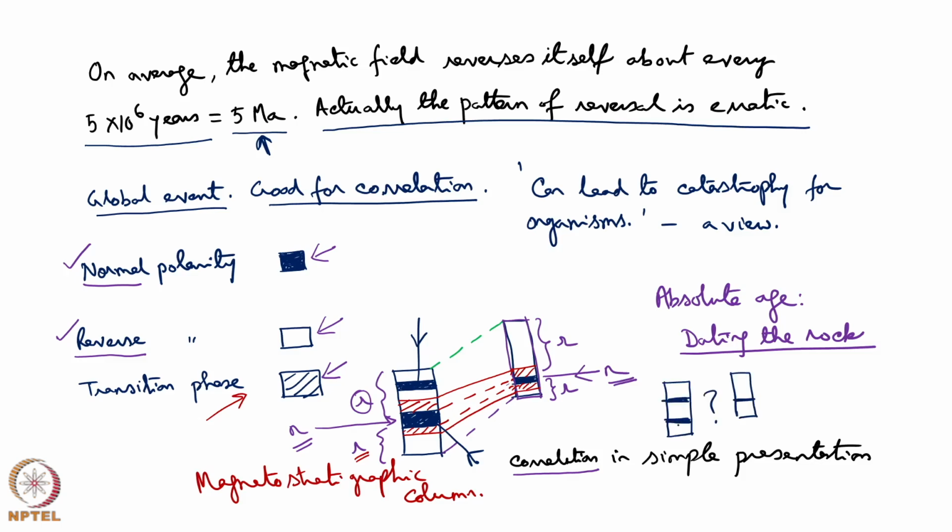The question is which normal polarity zone will be matched with that one. In fact, in the absence of absolute age of the rock, this becomes practically very difficult. And even if the chronostratigraphic data is not there, suppose the age is not available, then at least the biostratigraphic data can be used to link, say, this one with that one.